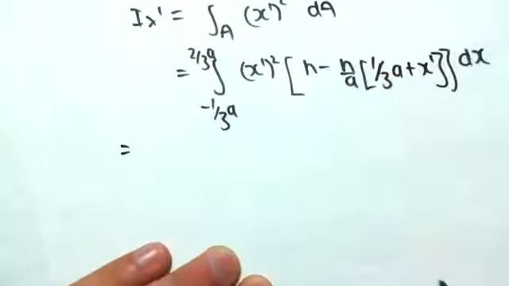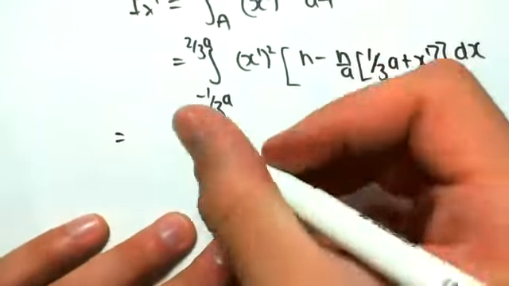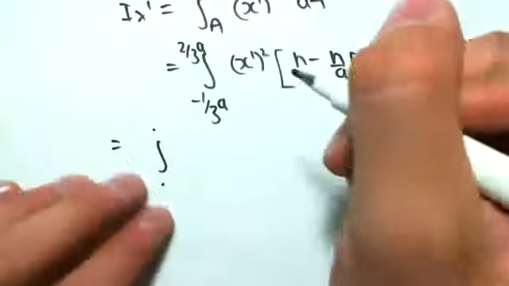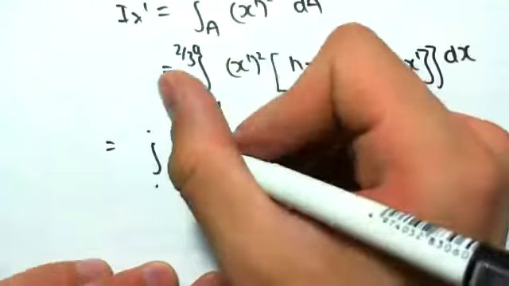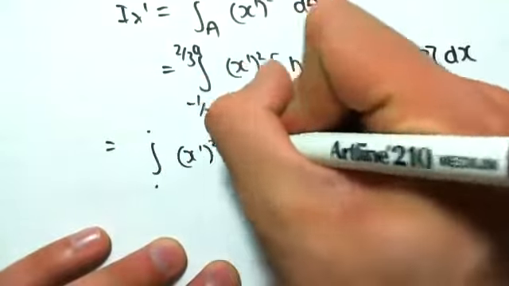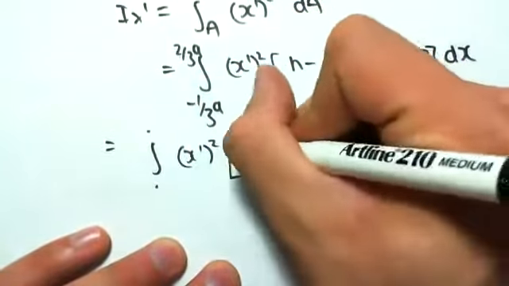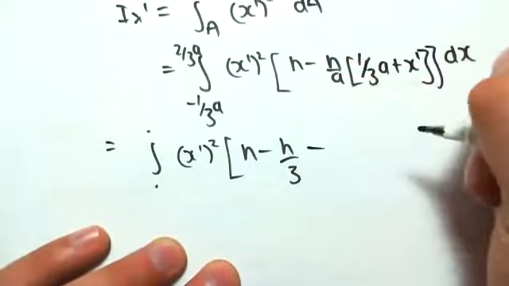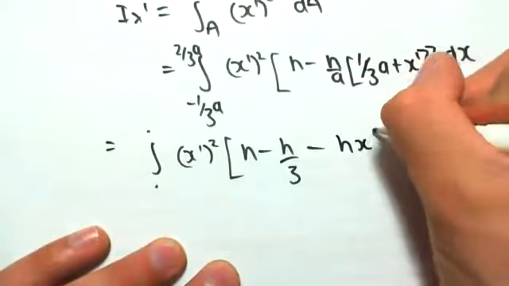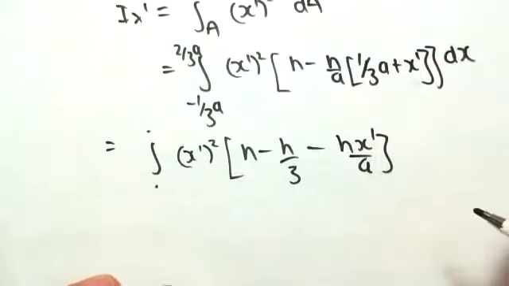So simplifying this, I'm just going to do dot and dot for the integral, it's the same thing, just to make it a little bit easier. We would have x dash squared outside of h minus h on 3 minus hx dash on a.